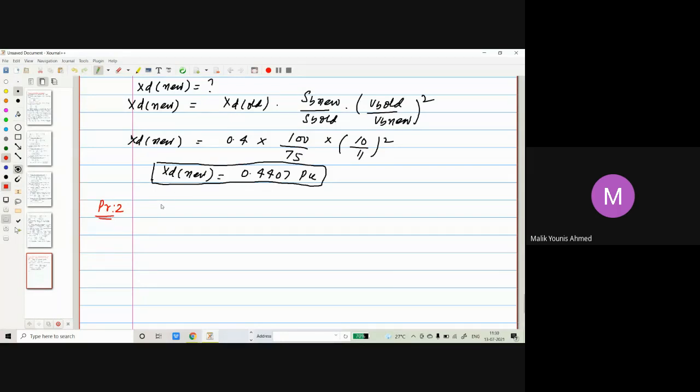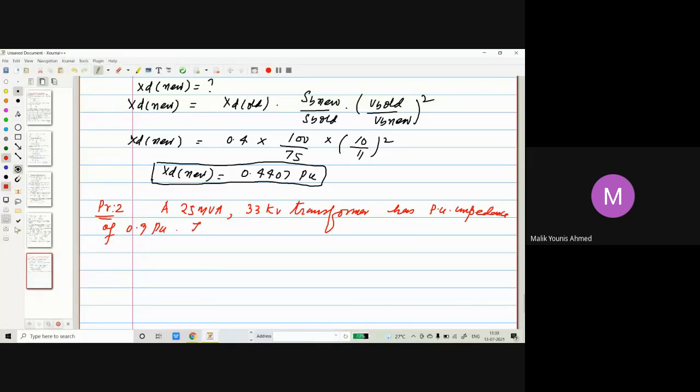A 25 MVA, 33 kV transformer has a per unit impedance of 0.9 pu. So these are again all old data.